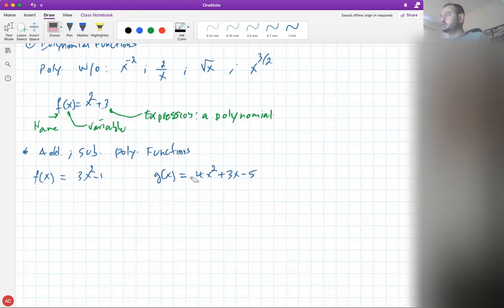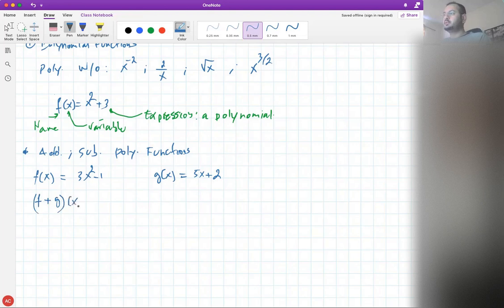Let's make this one like this instead. It's a lot simpler. Maybe something like this, just to make things a little bit simpler. So we can add and subtract these very easily. So for example, f plus g of x. This notation here just means we're adding two functions together.